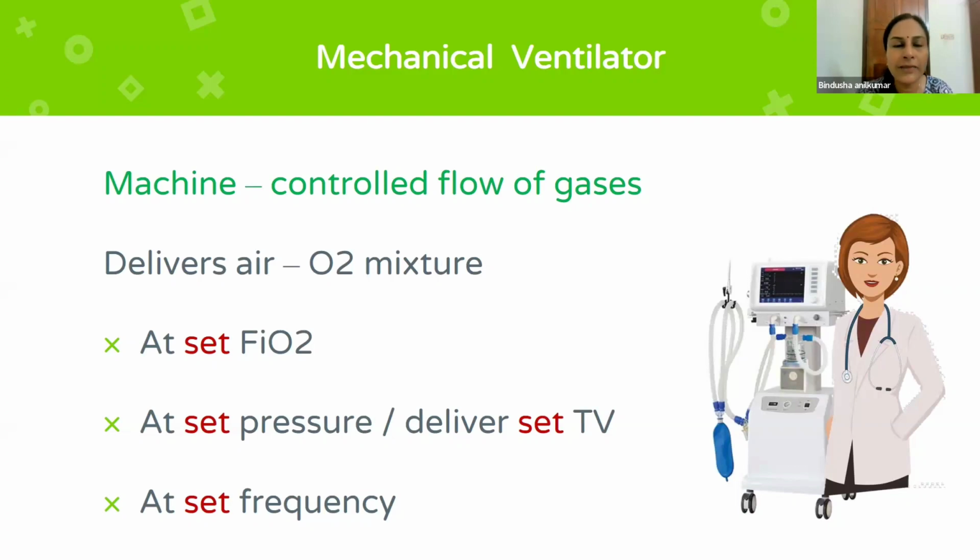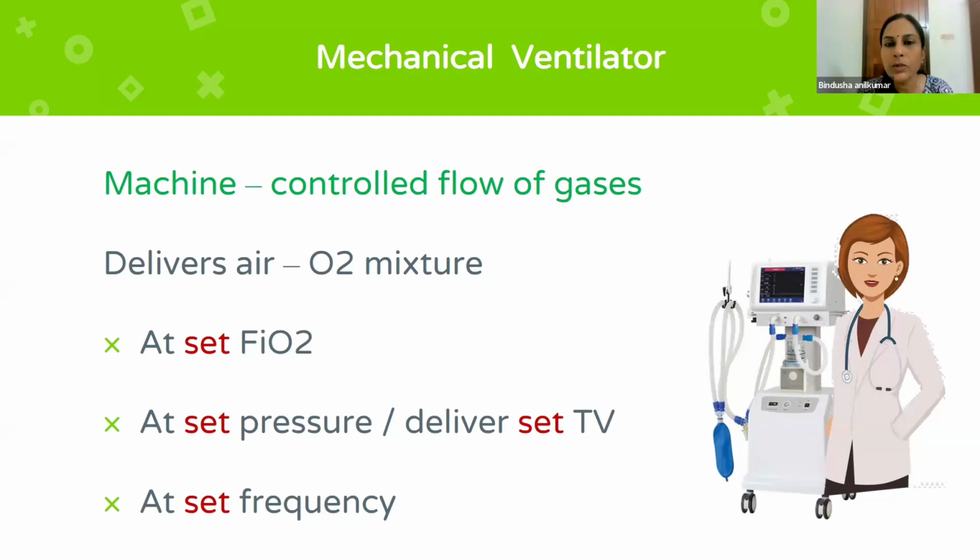The ventilator will decrease the pressure and give the gas to the patient as a controlled flow. It will deliver to the patient an air-oxygen mixture at a set FiO2. Whatever we set is the FiO2 that the patient is going to get, and it will give the gases at a set pressure, or it will deliver a set tidal volume at a set frequency.